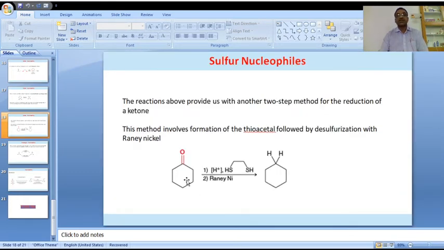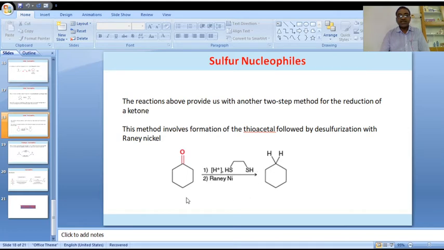The reactions above provide us with another two-step method for the reduction of a ketone. This method involves formation of the thioacetal followed by desulfurization with Raney nickel.